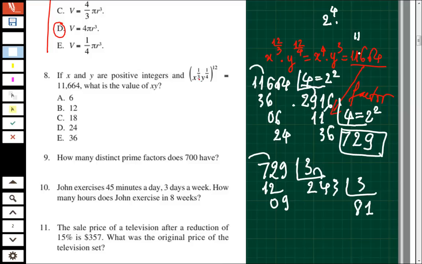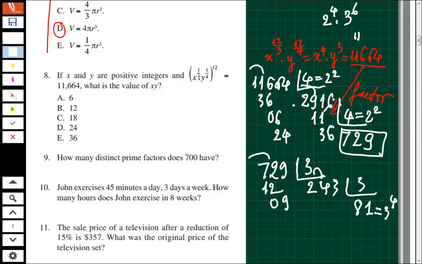Finally, we can say that 11,664 equal 2 raised to the number 4 times 3 raised to the number 6.